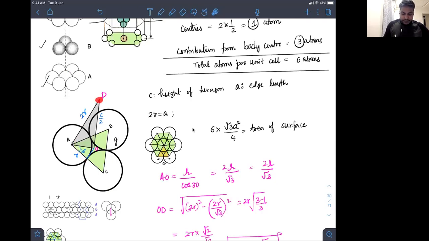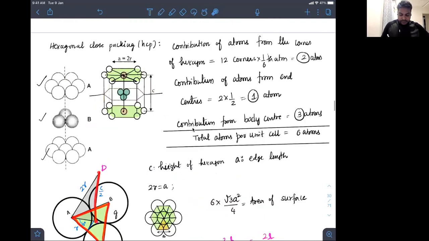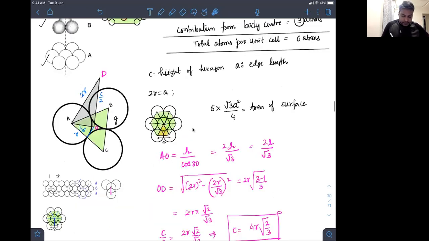If we draw a line from the center of the above atom to the centroid of the below 3 atoms, that is the distance we are trying to find out. Half of that distance will be c by 2. So we are trying to find this distance, OD. And if I find the OD distance and multiply it by 2, I'll get the total height.